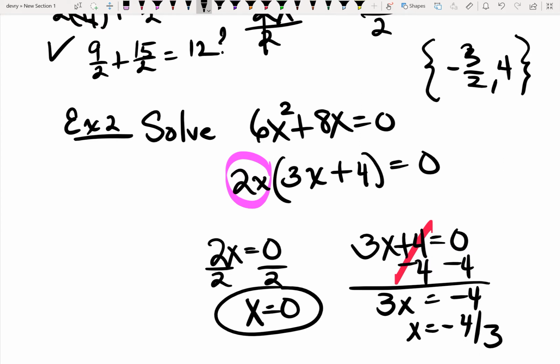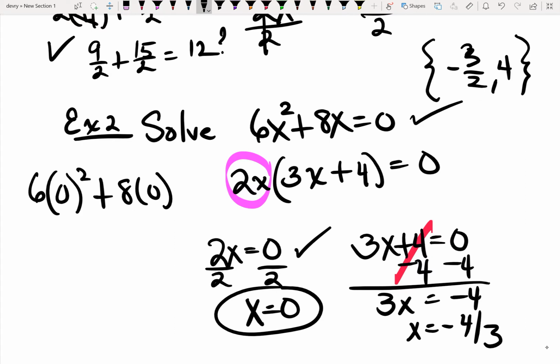And again, you always want to check and make sure that this is true. Obviously, if I plug in 0, they both become 0, so this is true, this works. And if I plug in negative 4/3, this also will work. Okay? Just to prove it, 6 times 0 squared plus 8 times 0 is 0, right?